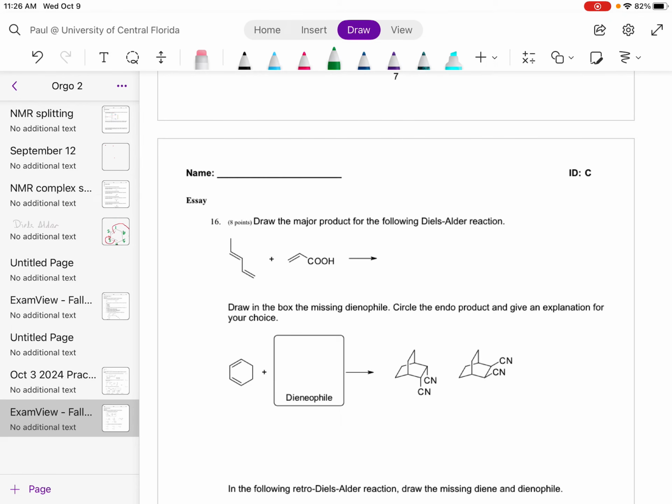What do we have here? Draw the Diels-Alder reaction. So there's the bond that we need to make sure is S-cis. Right now it is S-trans, so we've got to get that taken care of, like that.